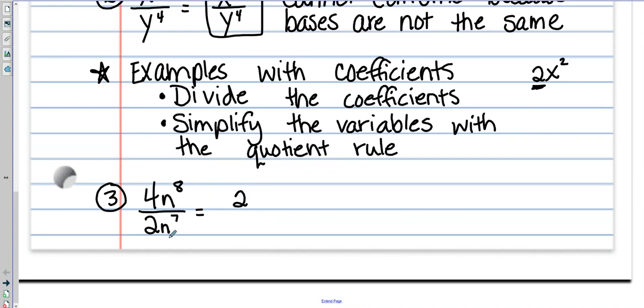And then here we can go ahead and do the quotient rule. You have n, and then the exponent in the numerator is 8, and the rule is to subtract. And so we're going to subtract 7. Okay, so now we can simplify this. So you keep 2n, 8 minus 7 is 1, but you don't have to write the 1, so it's just 2n.